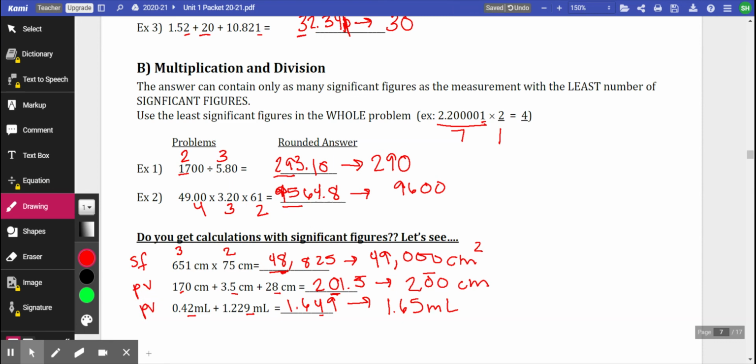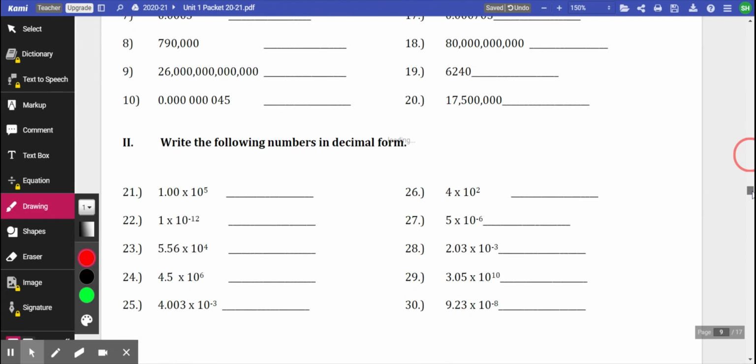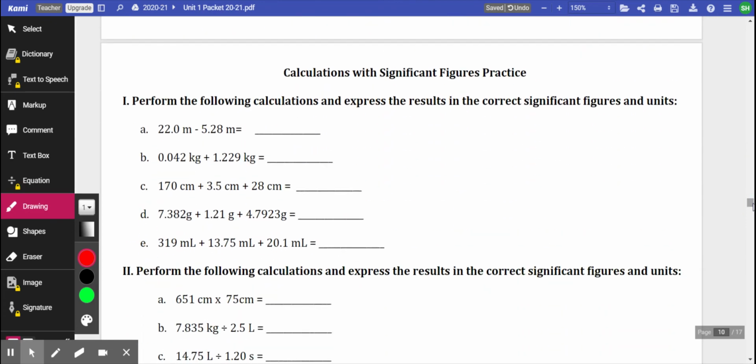Okay. All right. So you have some practice to do on the next page. Oh, not the next page. Practice to do on page 10. Okay. So when you get to page 10, go through first. So these are all adding and subtracting. Okay. So that's going to be place value of least precision.